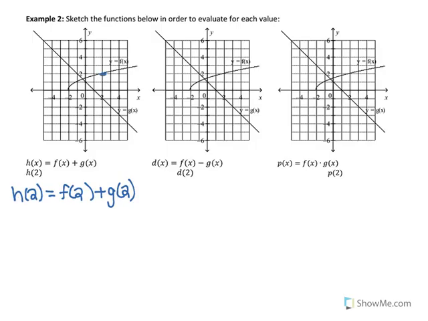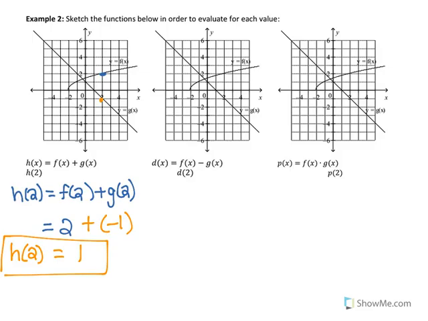My y value is right there at 2. So f at 2 is 2 for y. g at 2 is right here at negative 1. So we have 2 plus negative 1, so the value of h of 2 would be 1. We don't even need to graph it to be able to evaluate it.